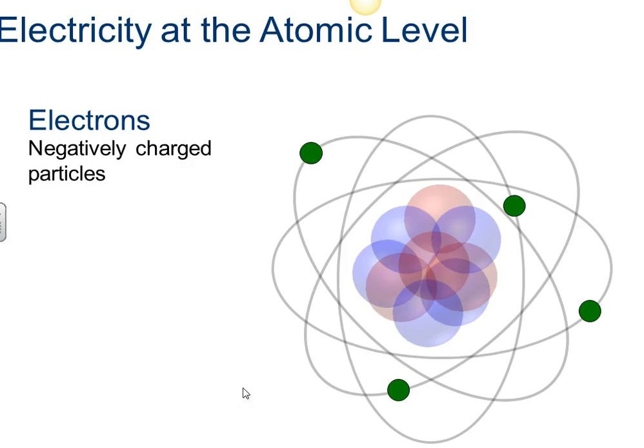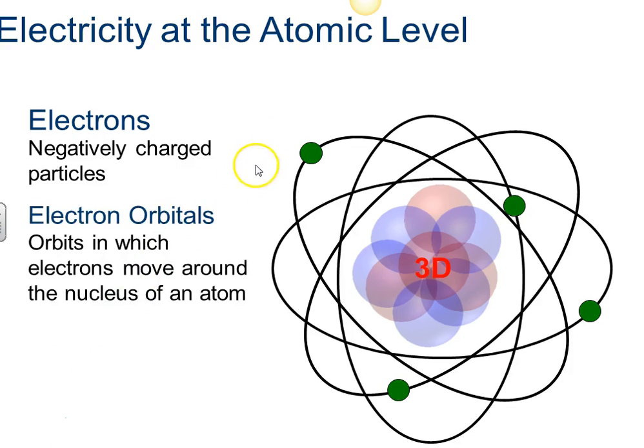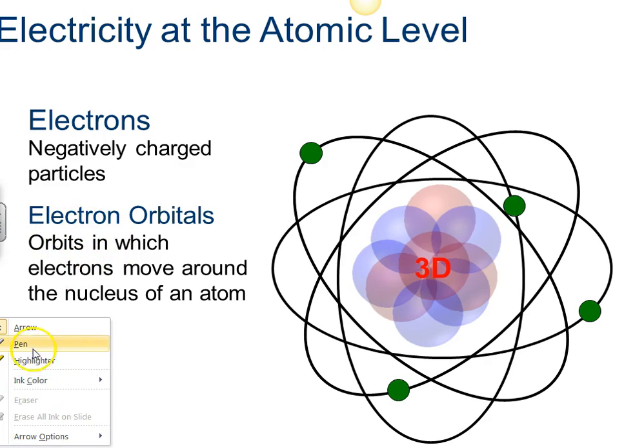We also have electrons, which are negatively charged particles. They're identical in charge to the proton, except they're opposite in sign. So the amount of positive charge that a proton has is the same as the amount of negative charge that an electron has. Electrons are outside the nucleus in a space that we would call the electron cloud in most modern representations of it.